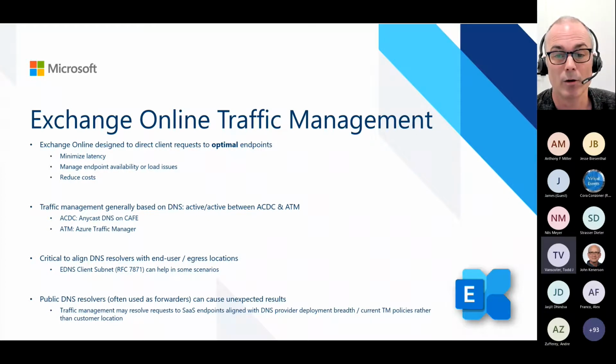Generally, traffic management for a SaaS service, not Exchange specifically, but in general, is based on DNS. So you make a DNS request for a given endpoint. Your Outlook client will go and connect to outlook.office365.com, and you're going to get back one or more IP addresses as a result that your client will then go and connect to.